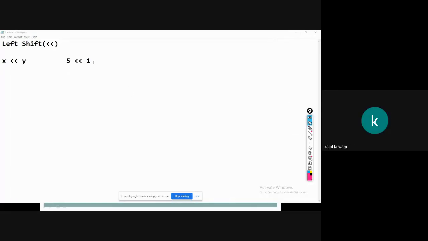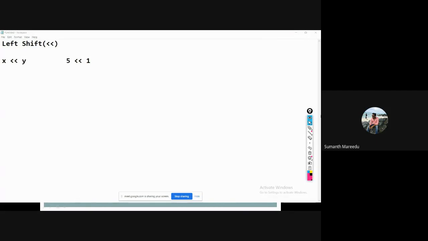What is the binary representation of 5? It is 101, yes. So this 5 I'll represent in binary with at least 8 bits.